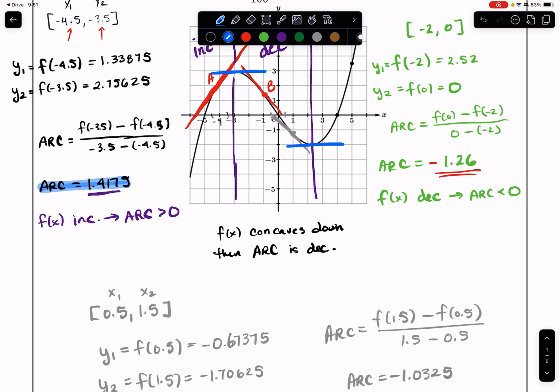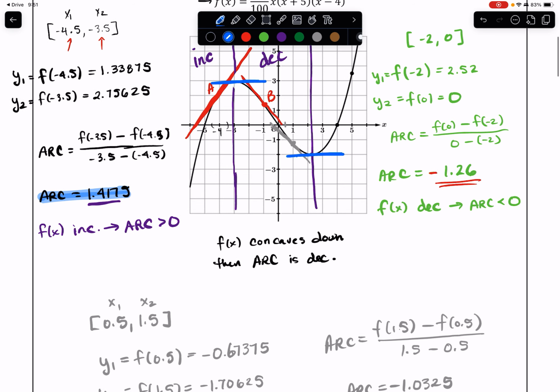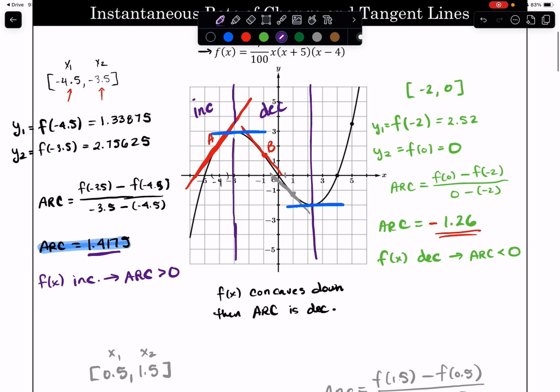That by default is always going to be 0 because the graph is not moving up or down anymore. So anywhere we find a maximum value or a minimum value, the tangent line that only touches that location is always going to be horizontal, which means that at that specific point, the average rate of change is always 0.